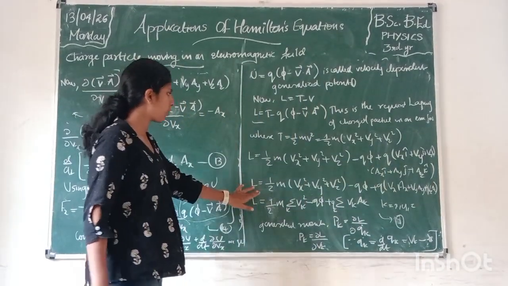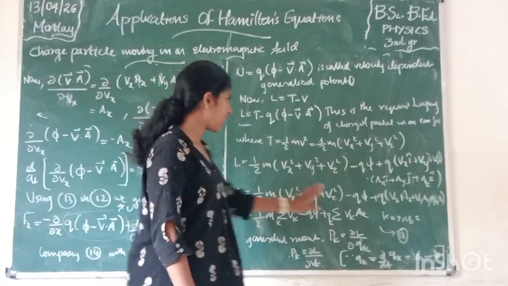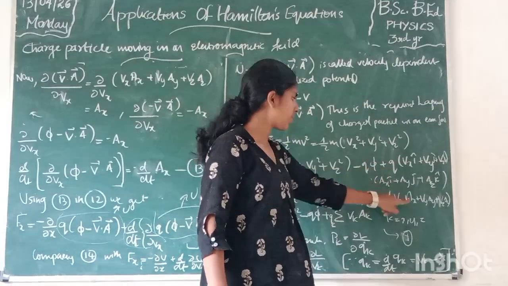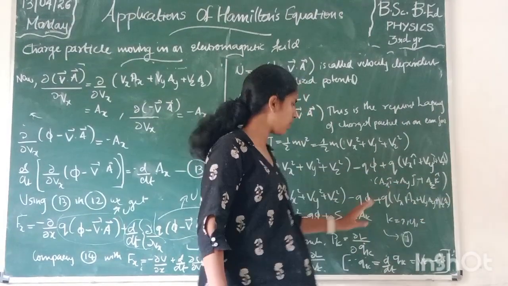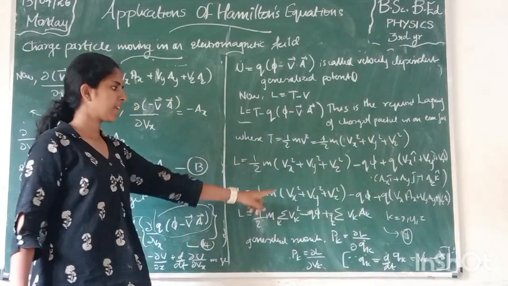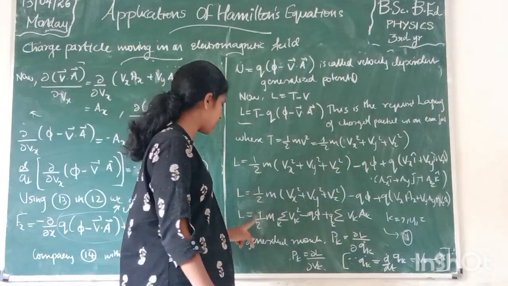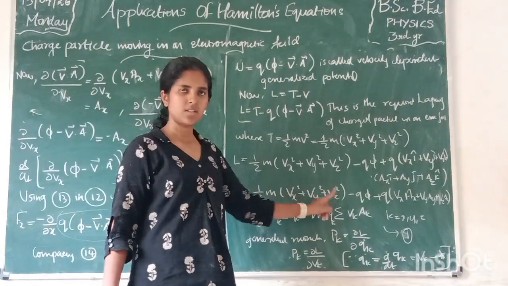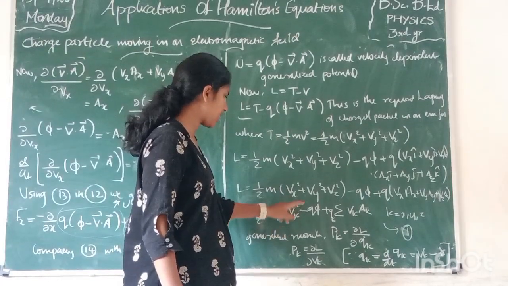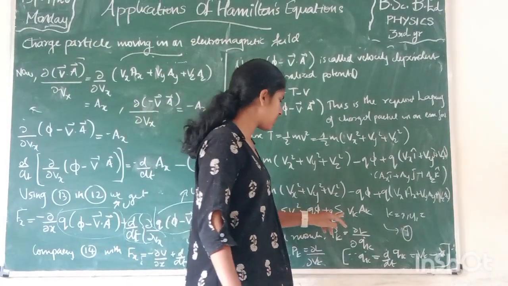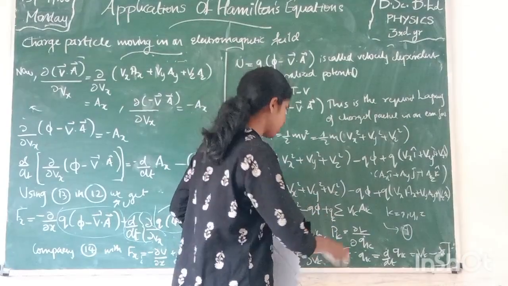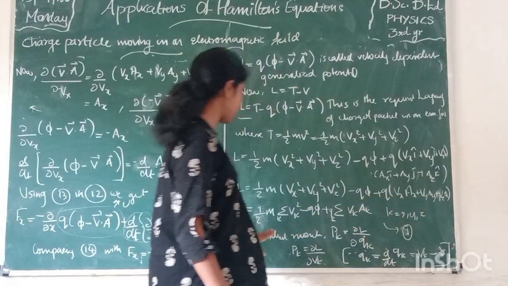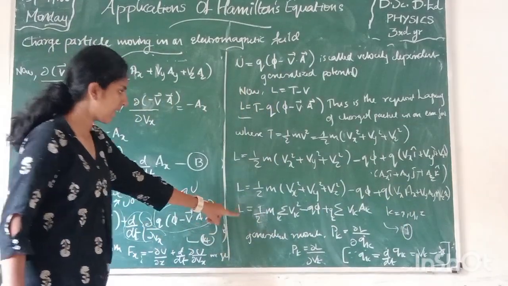And then we wrote this T like that, and then Vx remains Vx, Vy plus Vz. That also we wrote, and then we make this a summation term. That is half m into summation k, k equal to x, y, z, v_k square minus q phi plus summation q A_k v_k. So this is the Lagrangian.